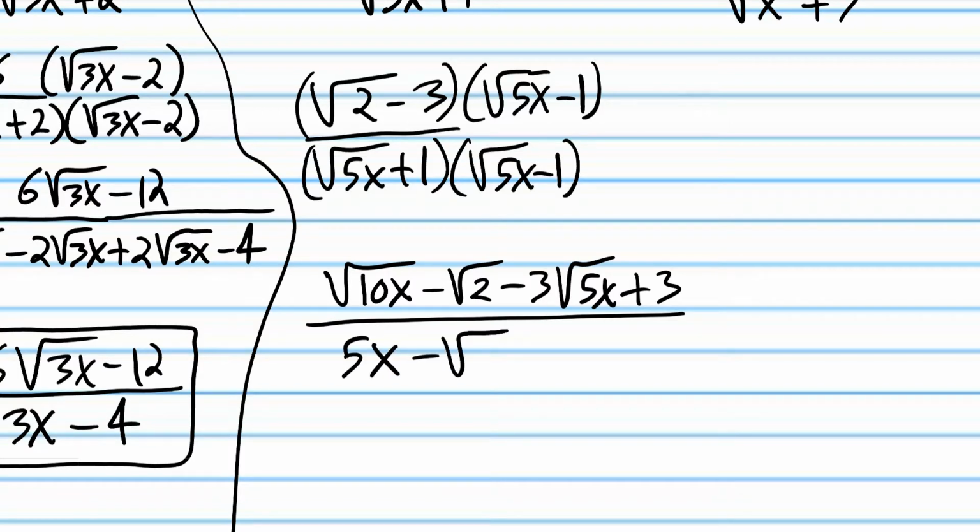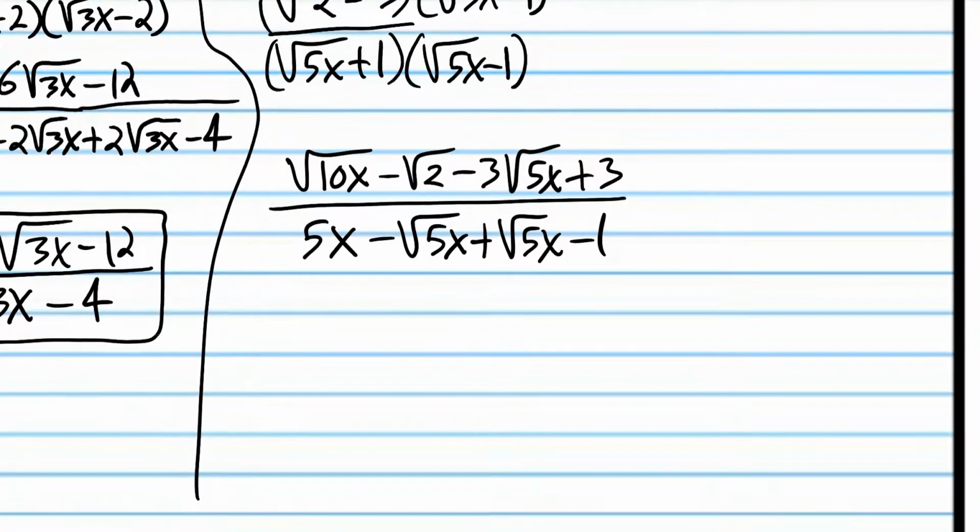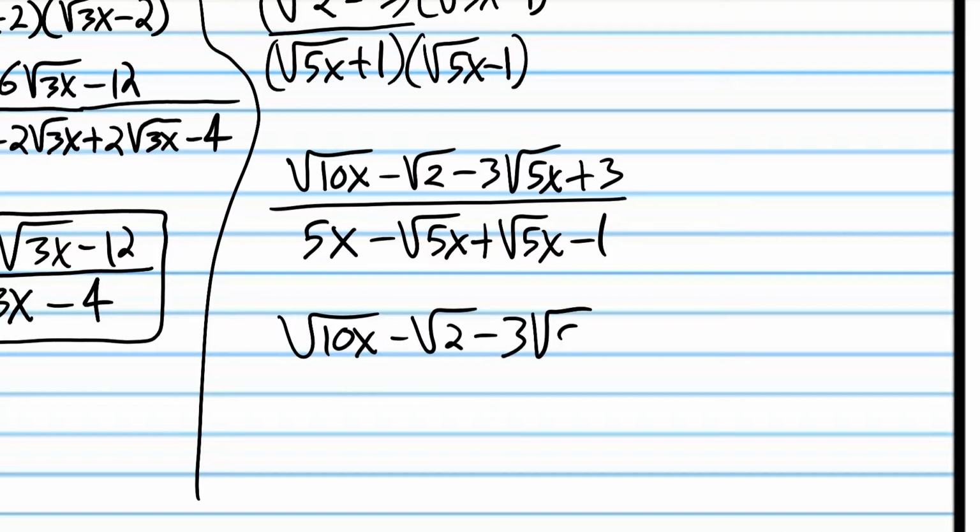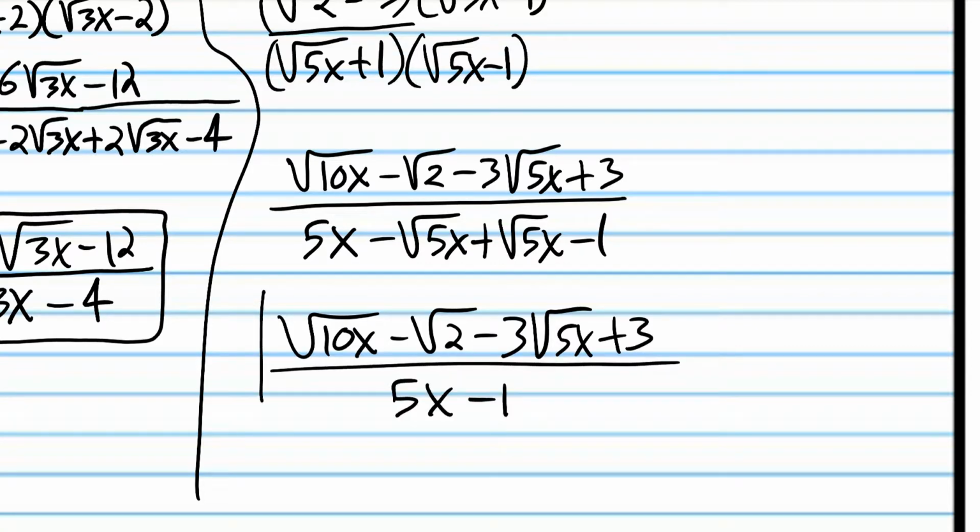And minus root 5x plus root 5x minus 1. And in the numerator, it looks like we can't really do anything. And the inner terms cancel out, and you're left with 5x minus 1.